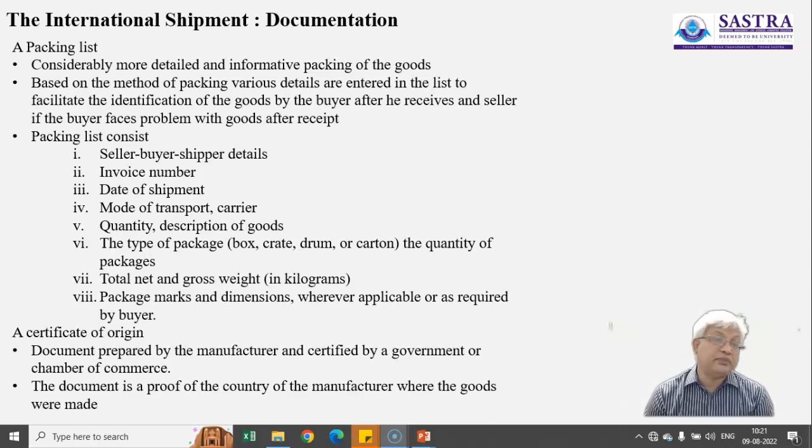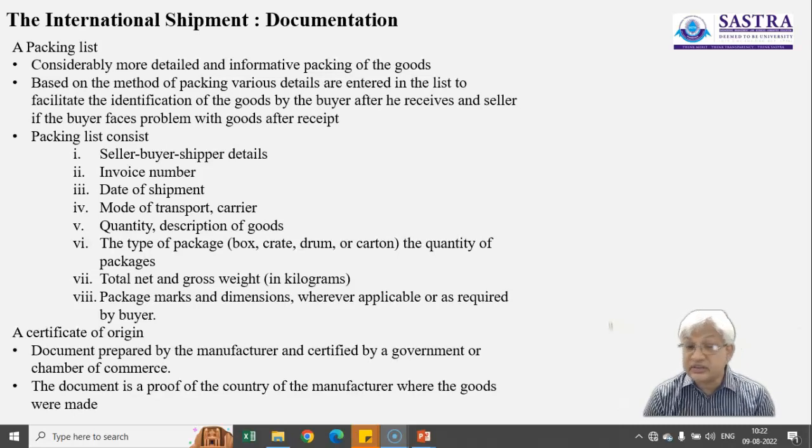The packing list normally consists of the seller details and the buyer's details, just like your commercial invoice. The invoice number is the commercial invoice number. The date of shipment, the mode of transport, whether it's air, whether it is sea, ocean, sea liners, or it is a truck, or it's a train.